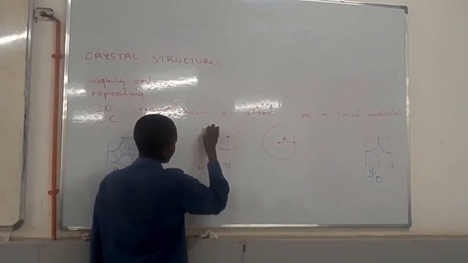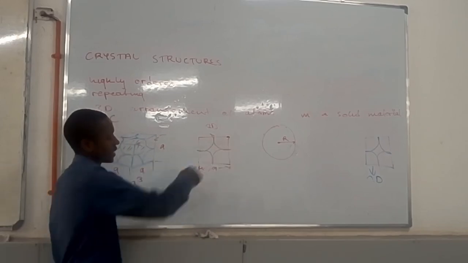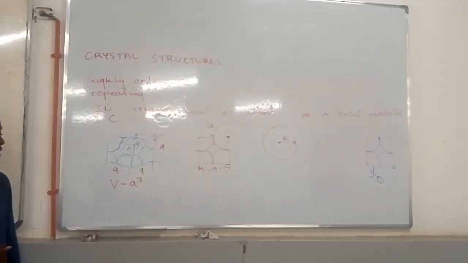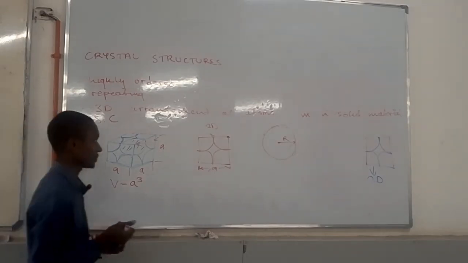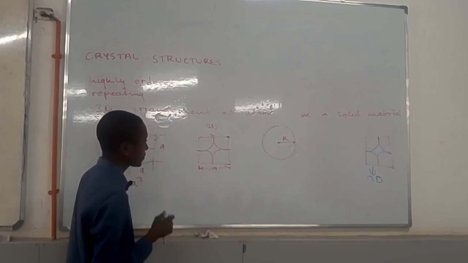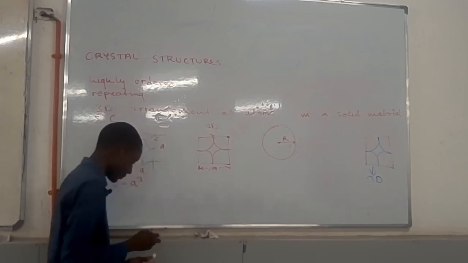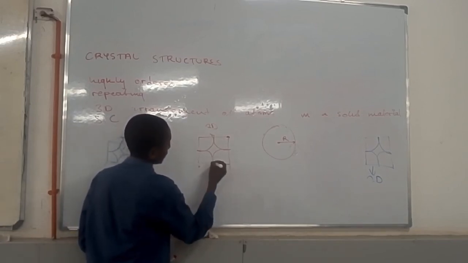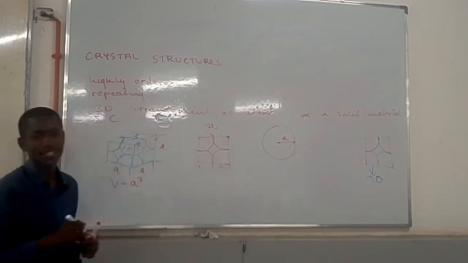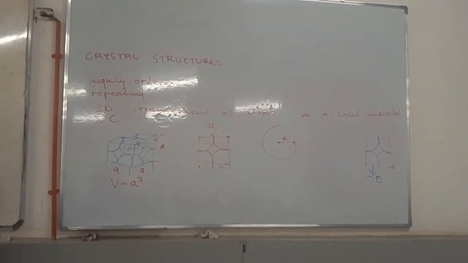We need to find a relationship between A and R. The relationship between A and R is that the distance from here to here is R. Can you see that?